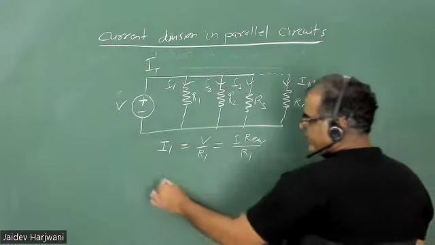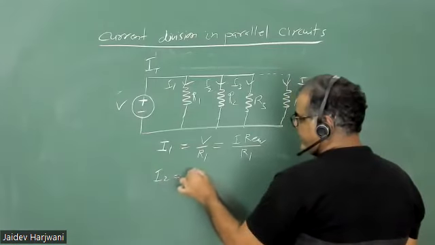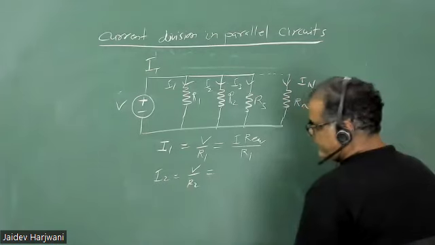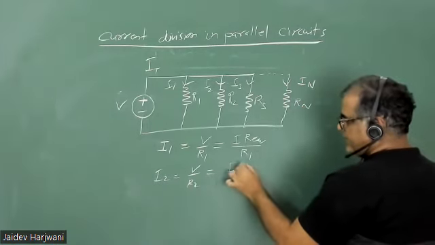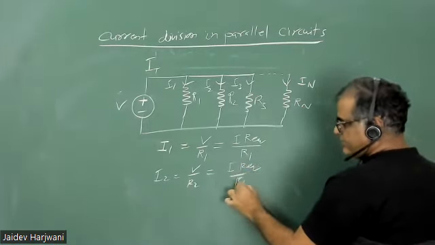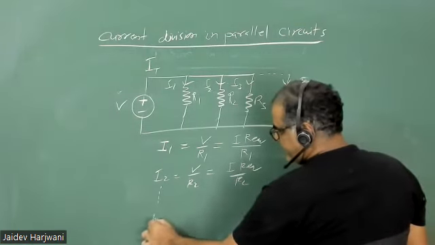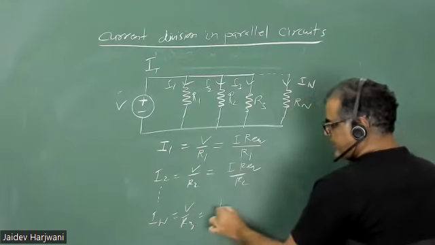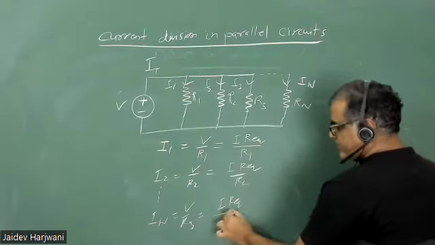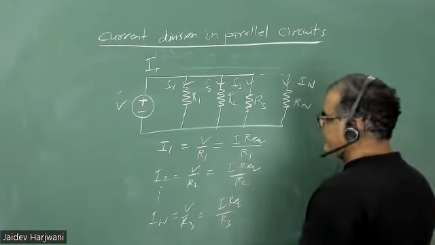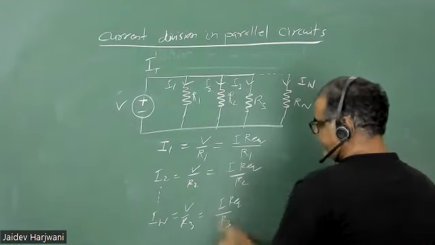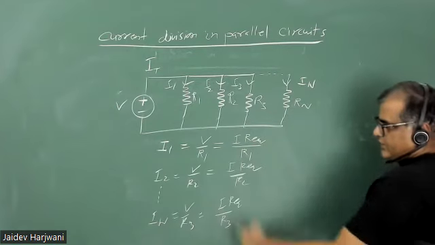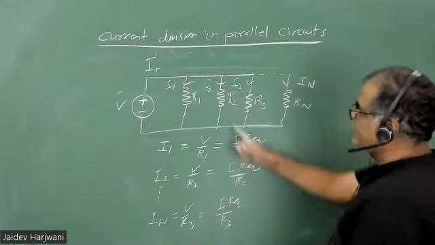Similarly, if you want I2, you want V upon R2, and this will be I R equivalent upon R2. And if you want I3, that is V upon R3, that is I R equivalent upon R3. So in this way you have to calculate the equivalent resistance, and you can find the current in each resistance.